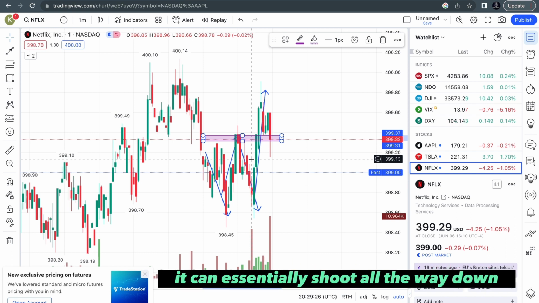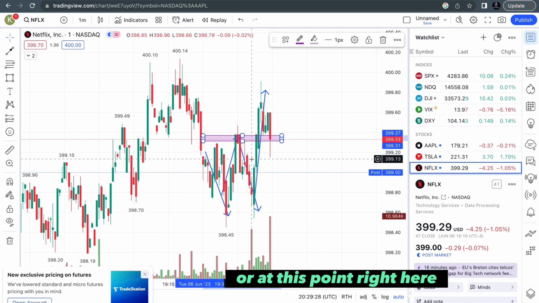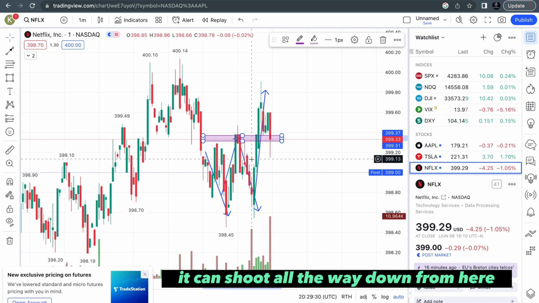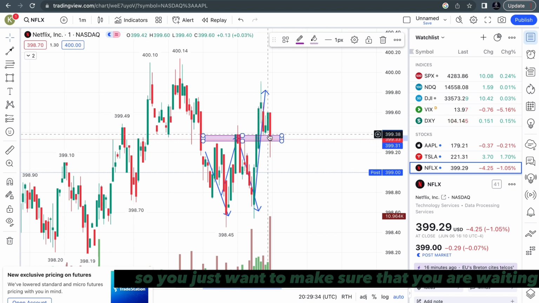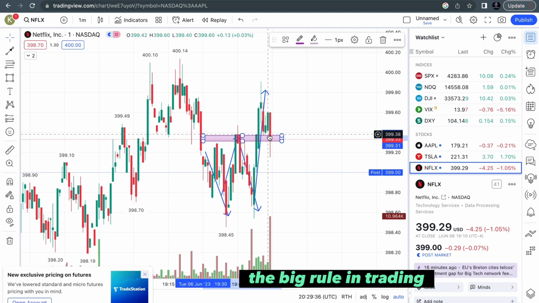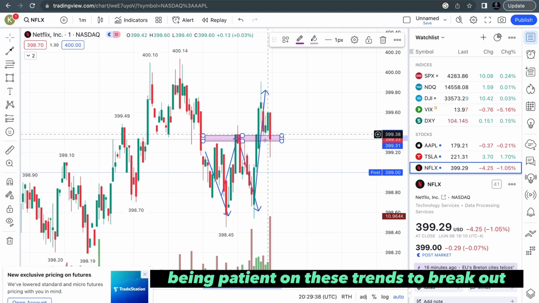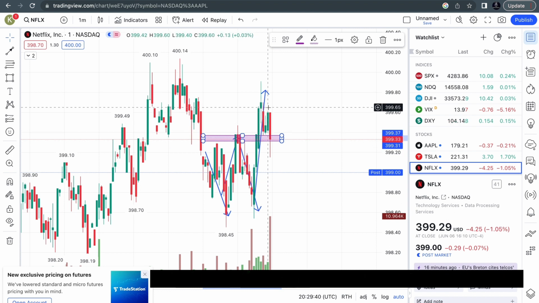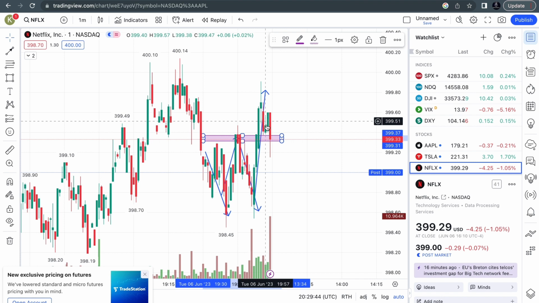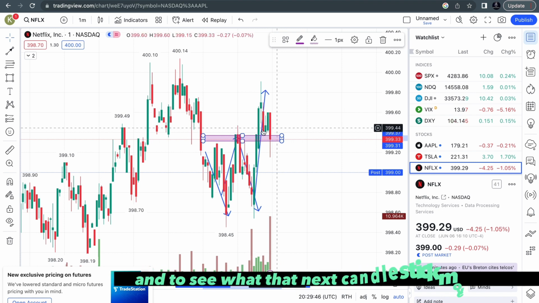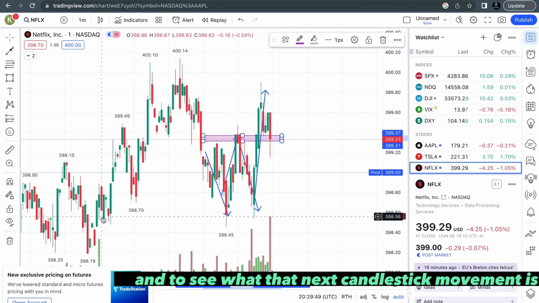It can shoot all the way down, or at this point right here, it can shoot all the way down from here. So you just want to make sure that you are waiting, being patient, guys. A big rule in trading, being patient on these trends to break out, to see what these M's and W's are gonna do, and to see what that next candlestick movement is.